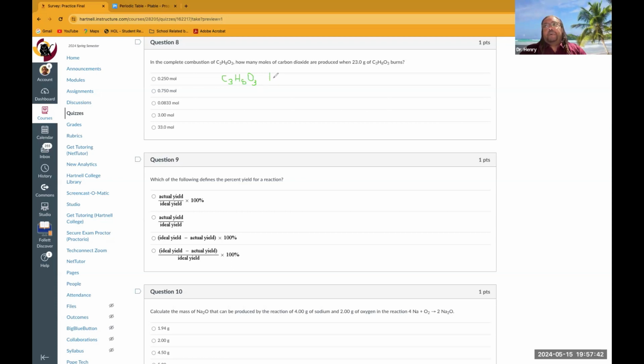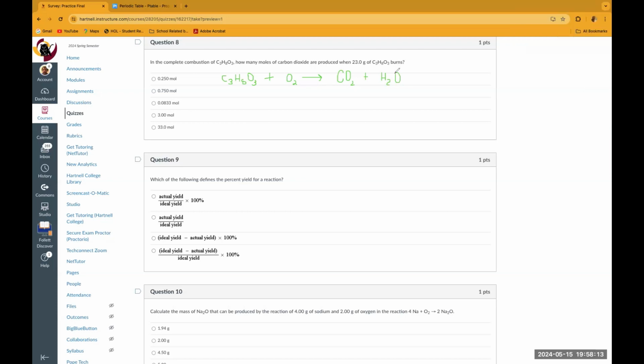And since it's a combustion reaction, what also has to be present? Oxygen. Okay. And the products are going to be CO2 and H2O. Are the products of a combustion reaction always just CO2 and water? Yes. There are certain circumstances where you'll get byproducts, but the majority is going to be carbon dioxide and water.